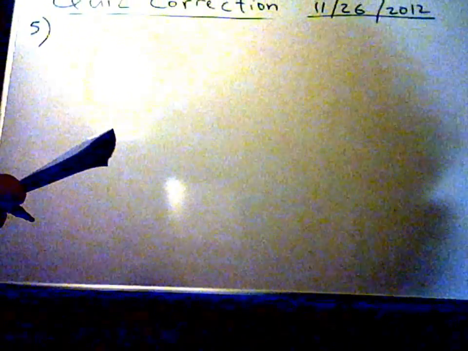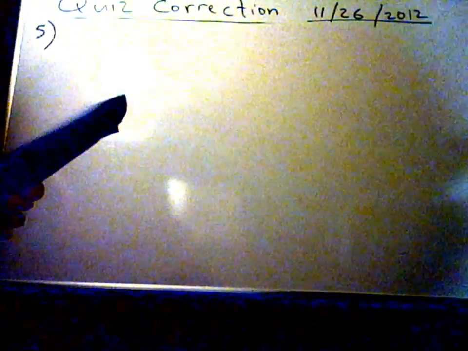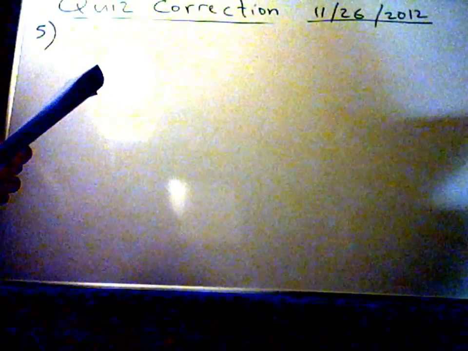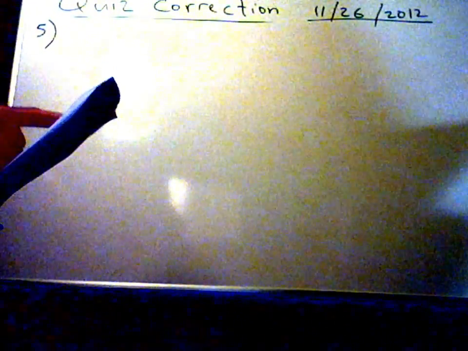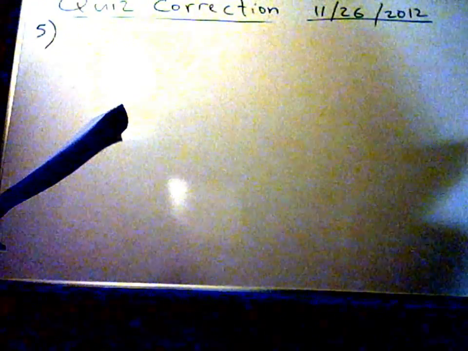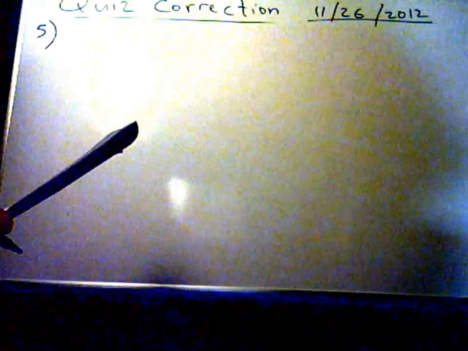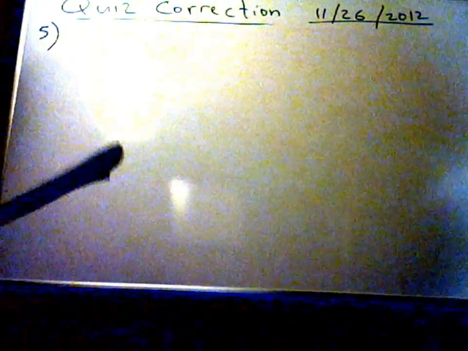It says Darrell recorded the greenhouse temperature at certain times of the day in the table. The greenhouse is advertised to maintain a temperature between 65 and 85 degrees.